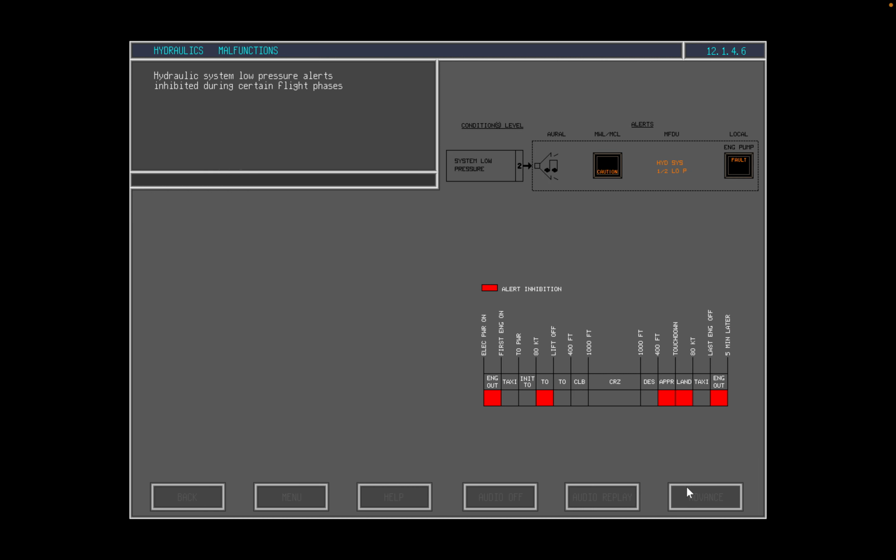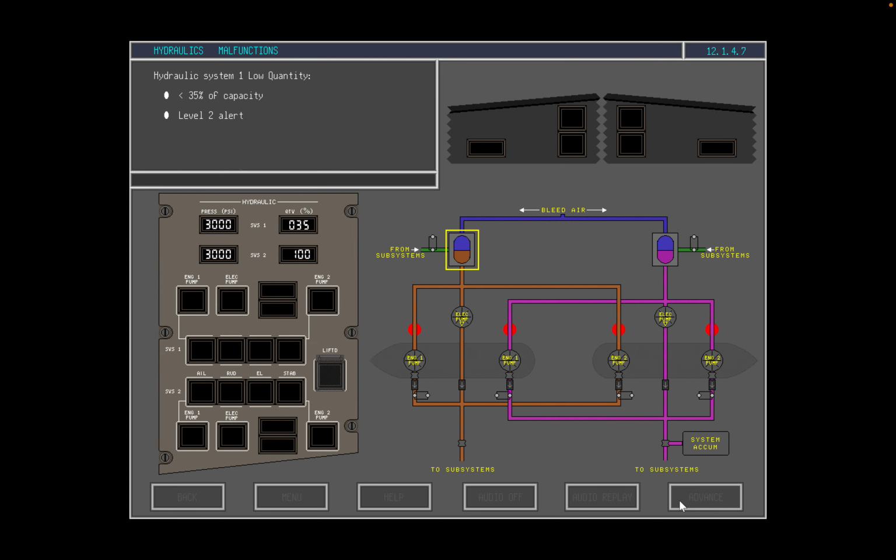Either System 1 or System 2 low-pressure alerts are inhibited by the flight warning system during certain flight phases. A Hydraulic System 1 low quantity causes a Level 2 alert when reservoir quantity falls to approximately 35% of capacity.